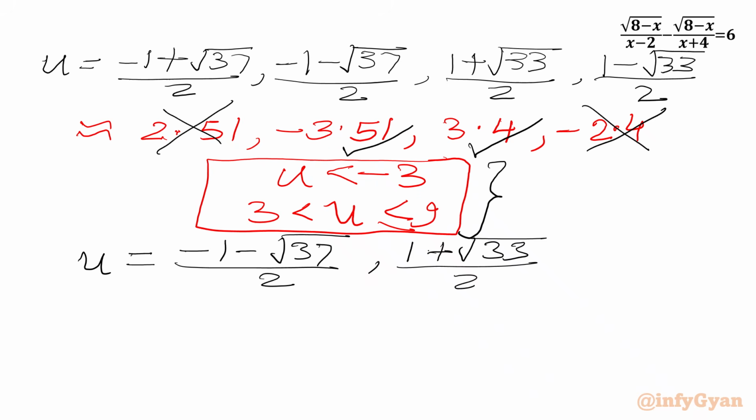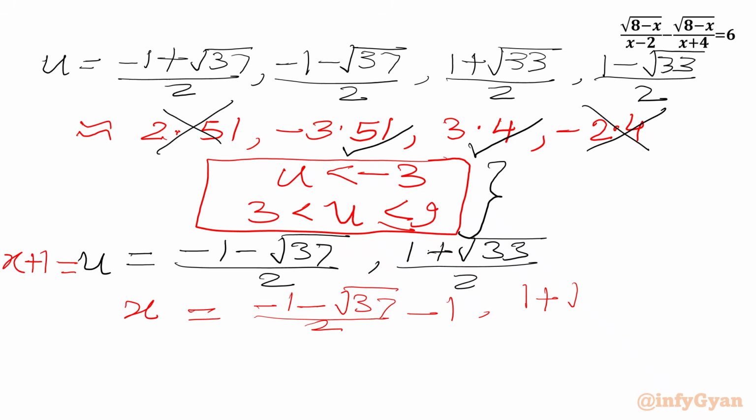Now u was our substitution, it is x plus 1. So let me write here x plus 1 equal to u. To find x, we need to subtract 1 from both sides. So we will write x equal to (minus 1 minus root 37) over 2 minus 1, and (1 plus square root 33) over 2 minus 1.